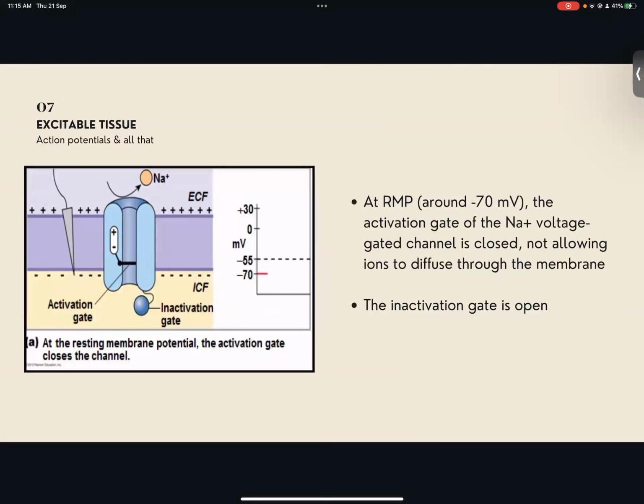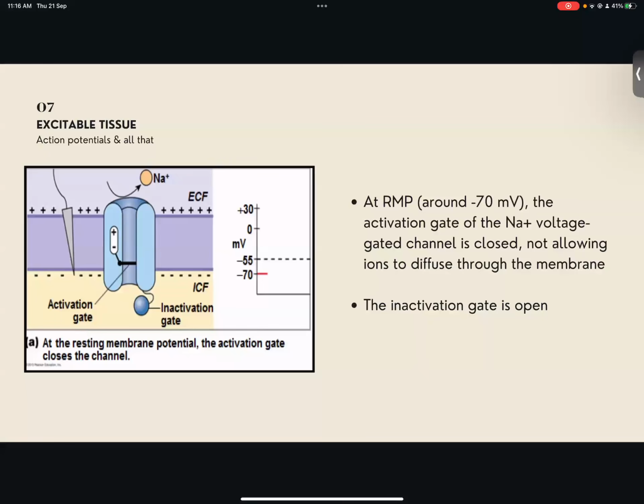So we said that the resting membrane potential is around -70. Now, let's talk about a sodium voltage gated channel, a voltage gated channel that's only for sodium. At -70 millivolts, which is the resting membrane potential, the activation gate of the sodium voltage gated channel is closed, which is not allowing ions to diffuse through the membrane.